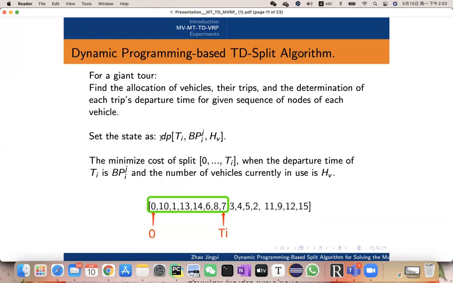So the DP value is the minimized cost from 0 to Ti, using HV vehicles, where the departure time of Ti to the depot is the J-th breakpoint.